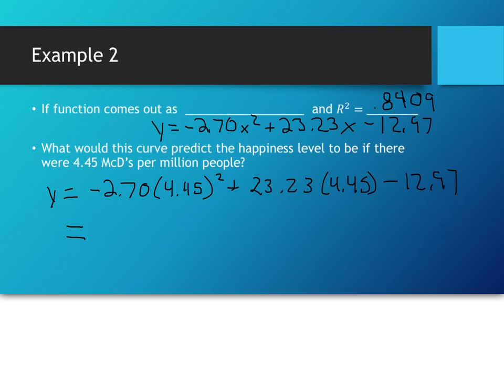When I plugged all this stuff in, I got 36.94. If I plugged it in incorrectly, which is very possible, then I apologize, but that's what I got: 36.94 as my happiness percentage when there are 4.4 McDonald's per million people. By the way, the R squared is above 0.6, so this function is a good fit with the data that we have. All right, so it's a good fit.